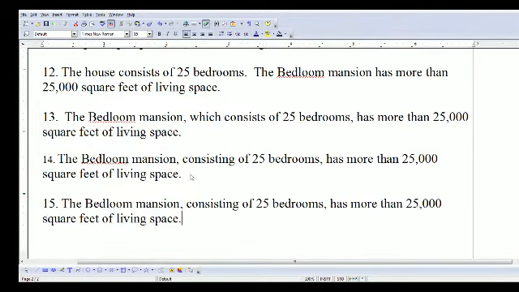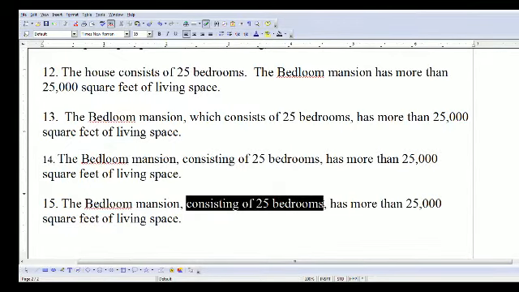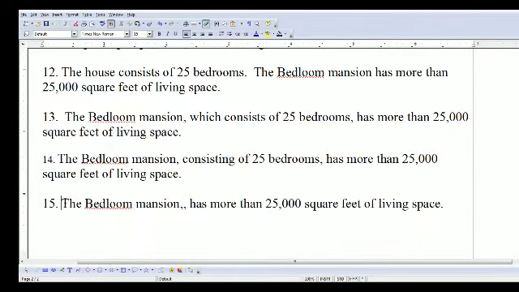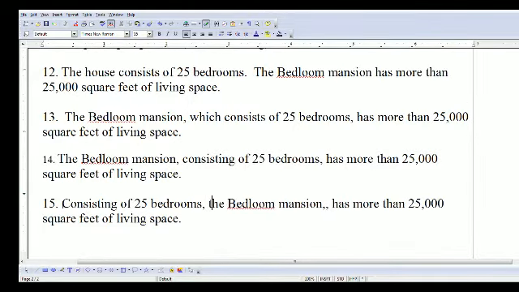So, let's take a look at one more here. I'm going to take this idea, cut it, and put it in the beginning. Maybe every now and then you don't want to put your subject first, so you want to change the variety of your sentences. So you say, consisting of 25 bedrooms, the bedroom mansion has more than 25,000 square feet of living space.